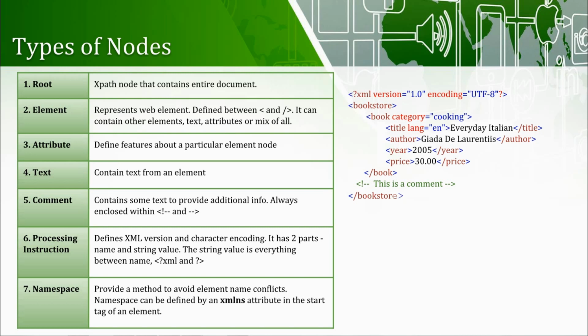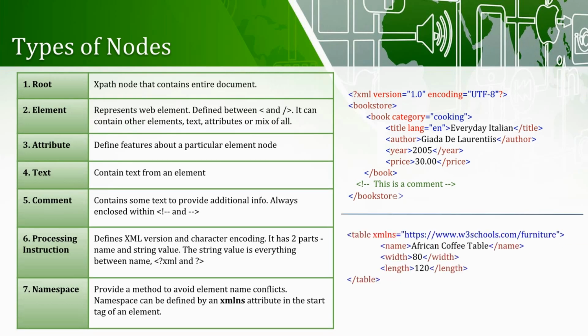Namespace. For namespace, I'm going to consider another example. Sometimes we have two tables having the same element name. So when you want to access the element, it gives you a name conflict error because it is not able to locate which element to access, because there are two elements with the same name in two different tables. To avoid this name conflict issue, we define the tables under different namespaces.